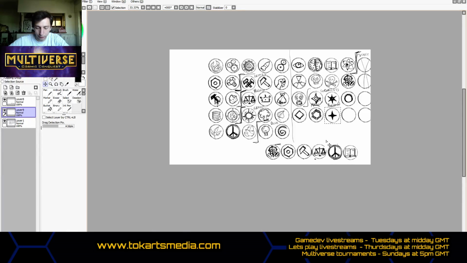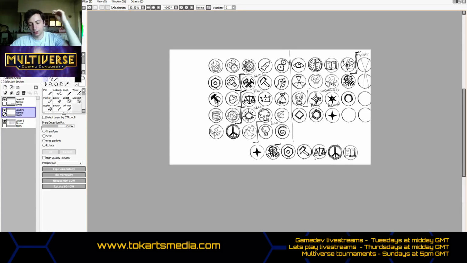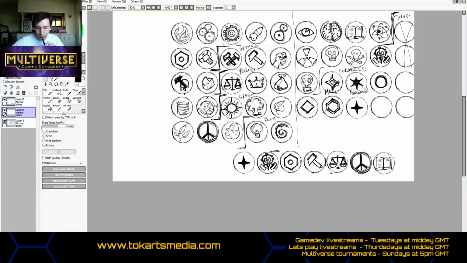So maybe instead of this symbol, like in the violet arsenal, this symbol is the simplest. In the yellow arsenal, this is probably pretty good. Yeah, I can make it simpler. And in the blue arsenal, it's probably the twisty thing.